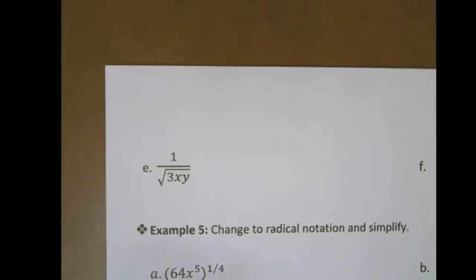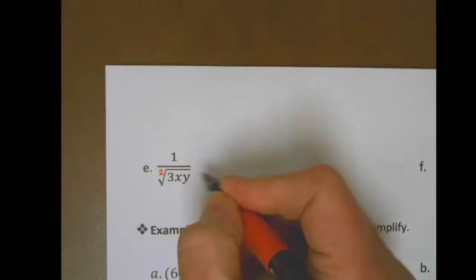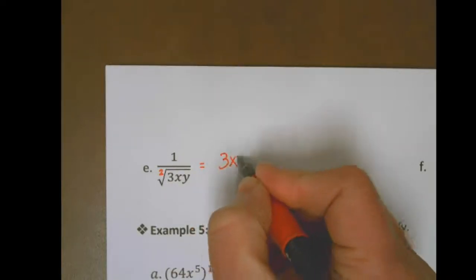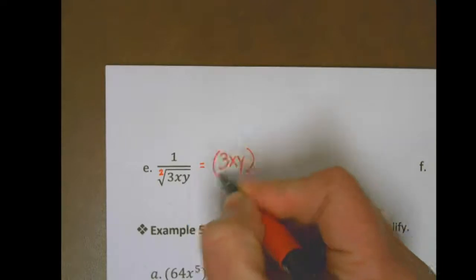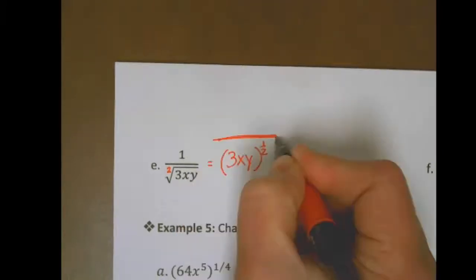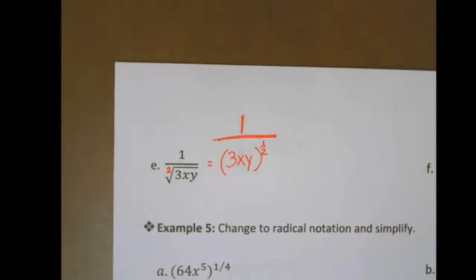If the index is not written, the index is 2. So this would be 3xy to the 1/2 power, and all of that's in the denominator. The radical sign is in the denominator.